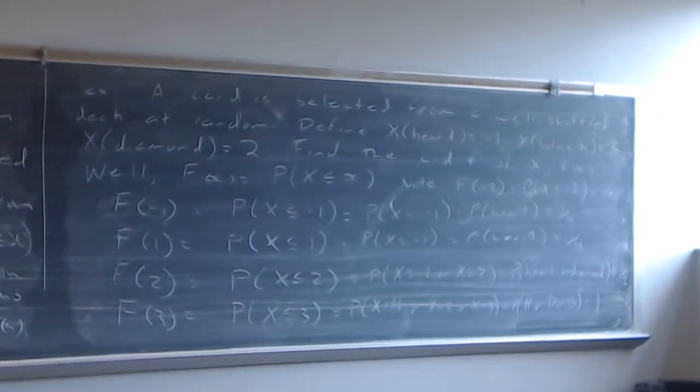So let me pictorially graph this, because remember, maybe I hadn't said this very clearly, the CDF is defined over the whole real line. So here's the way we can list it.